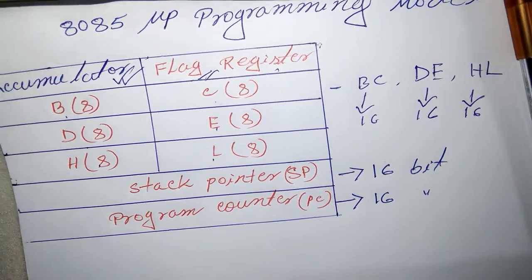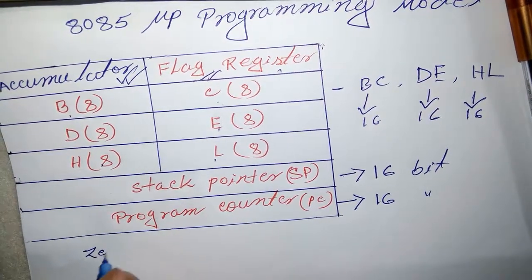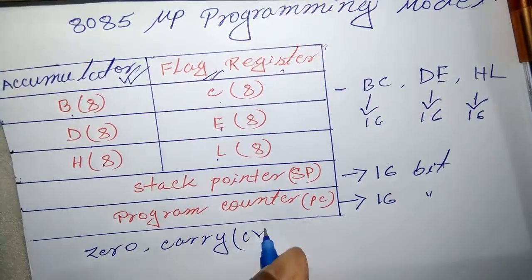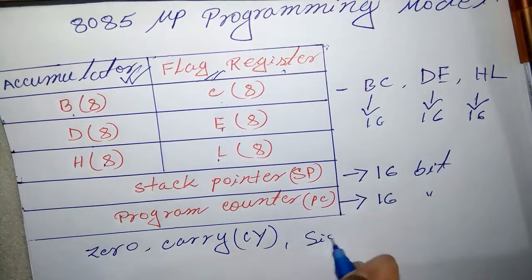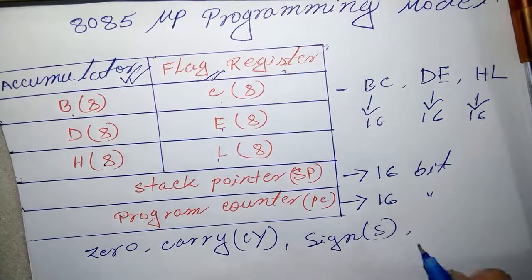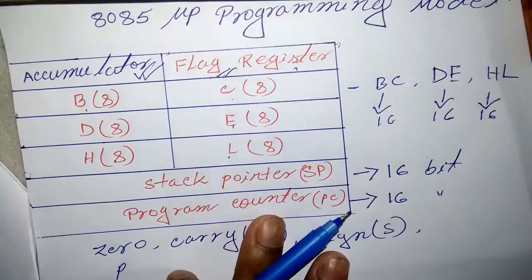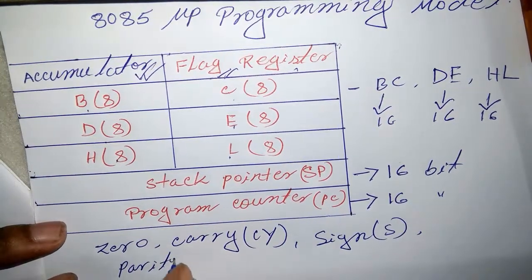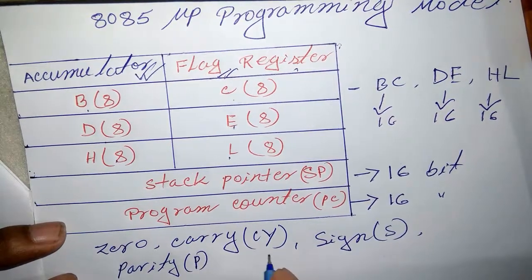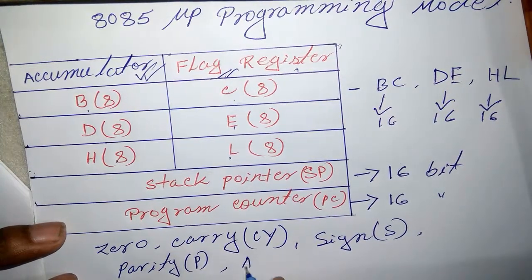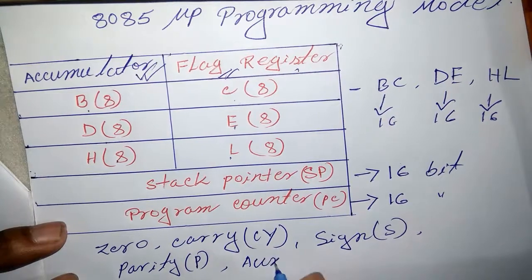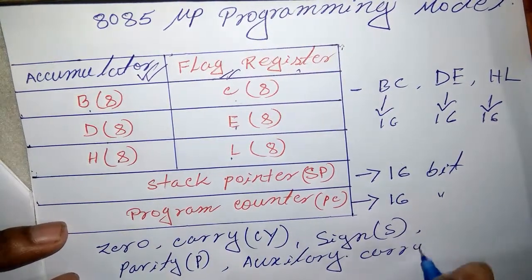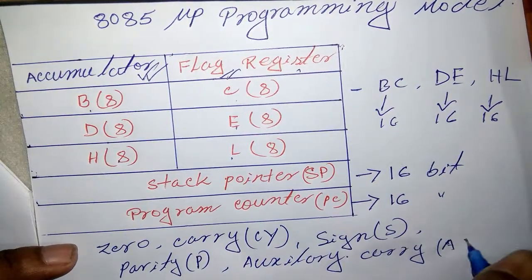The 5 flags are zero, carry, which is defined by CY, sign, which is defined by S, parity, which is defined by P, and auxiliary carry, which is defined by AC.